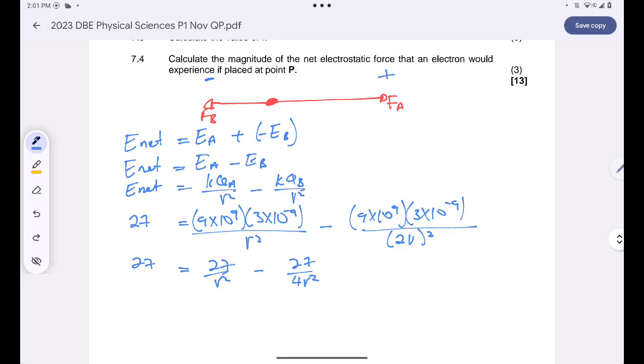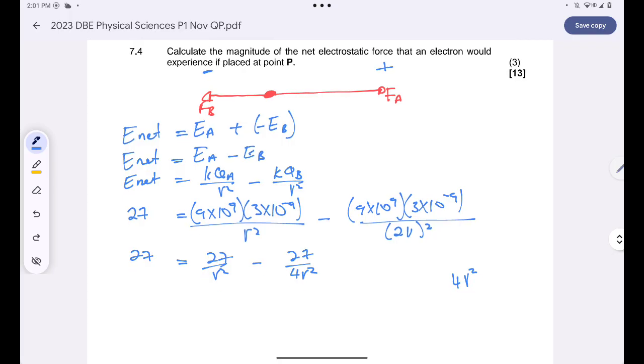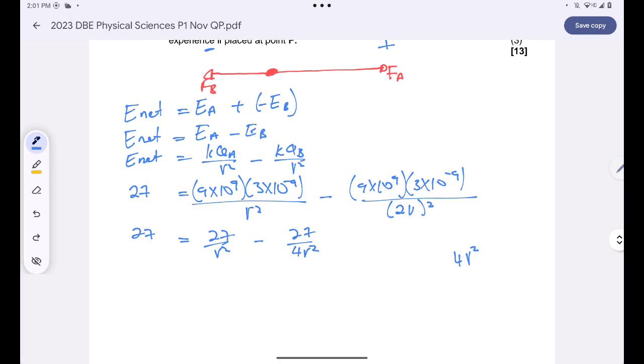Now all I need to do, guys, is to solve for r, right? I'll just multiply every term by my LCD. My LCD is just 4r squared. So whenever I do that, I'll say 27 multiplied by 4r squared. I'll simply get 108 r squared.